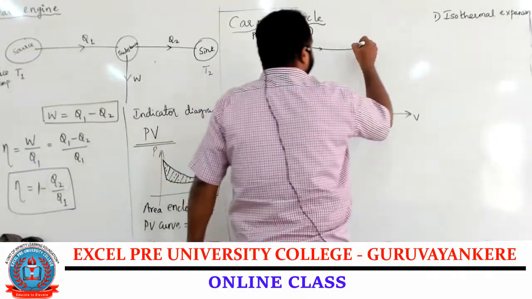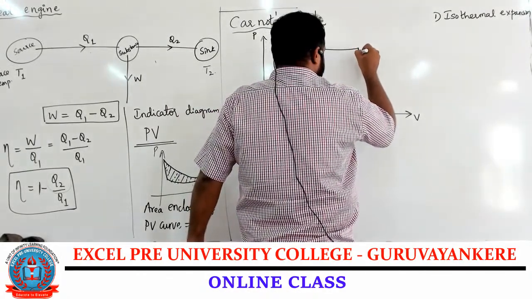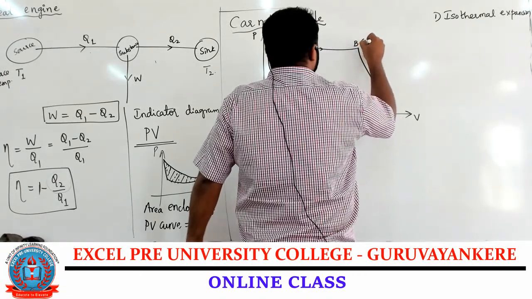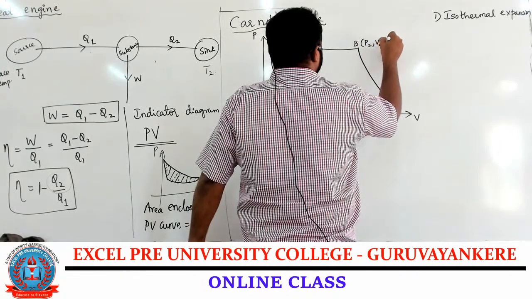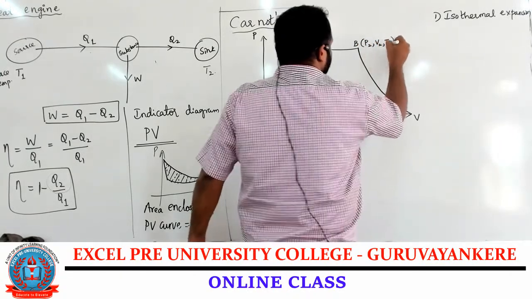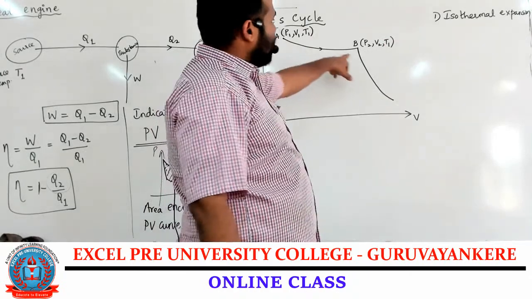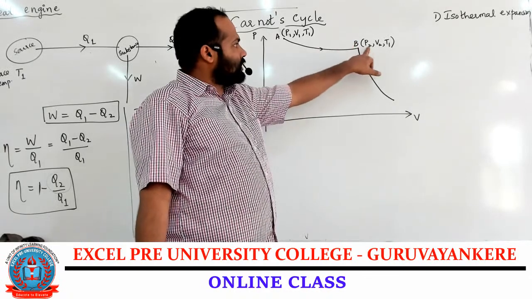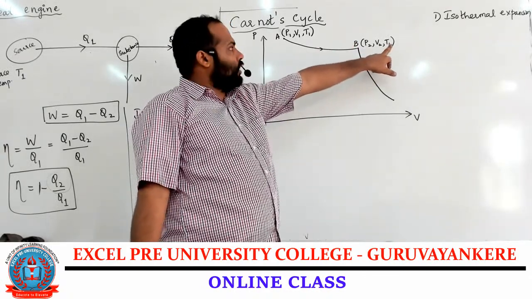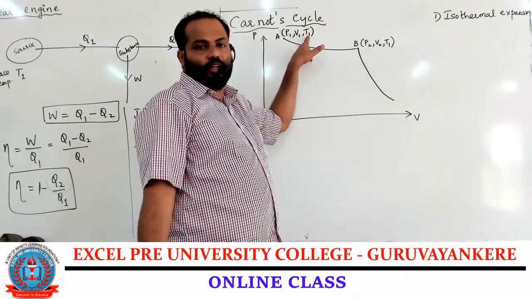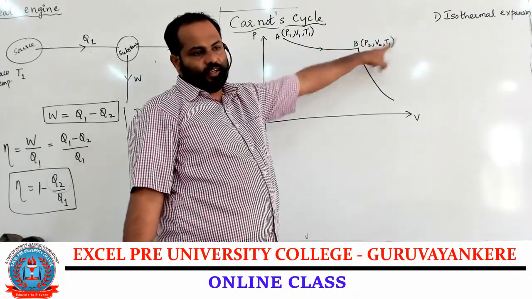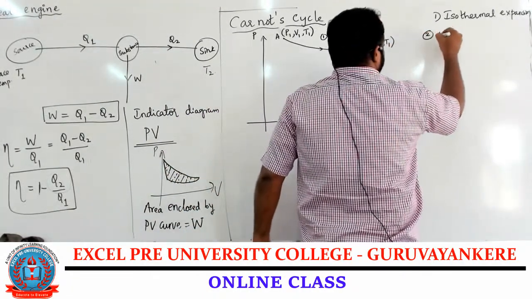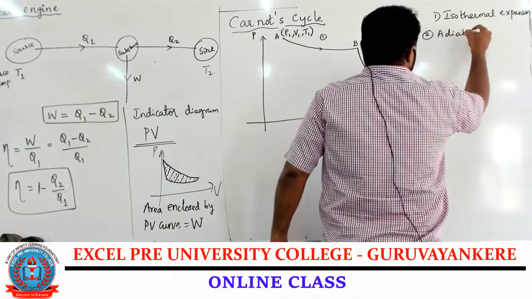Next it should go to point B, where the pressure is P2, V2 and T1 only, because it is an isothermal expansion taking place. So isothermal expansion means pressure and volume can change at constant temperature. Whatever the initial temperature, that will be maintained here. This is the first process. The second process is adiabatic expansion.